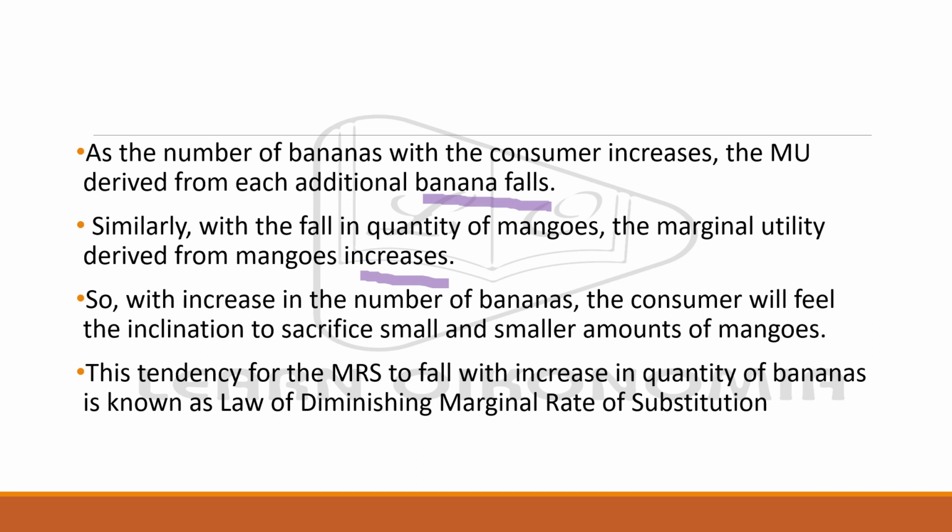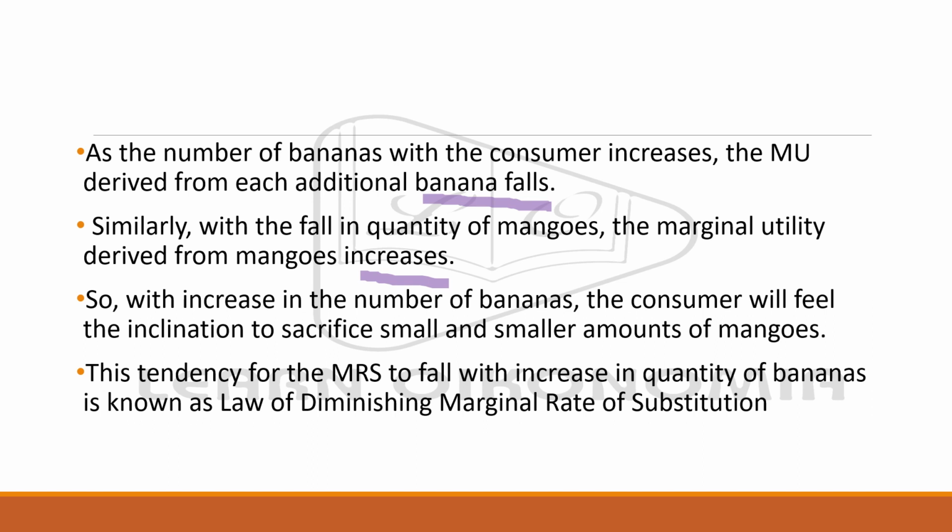He doesn't want to sacrifice the entire mango to have only banana. So he now attaches more value to mangoes, and this will make MRS fall with the increase in the quantity of banana.